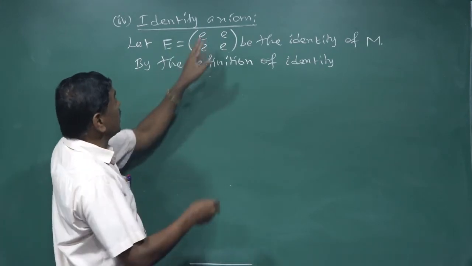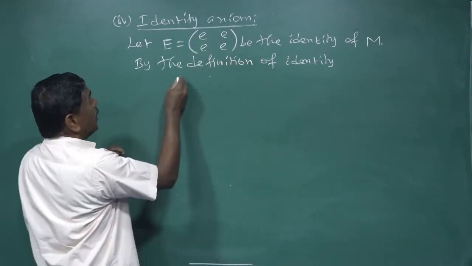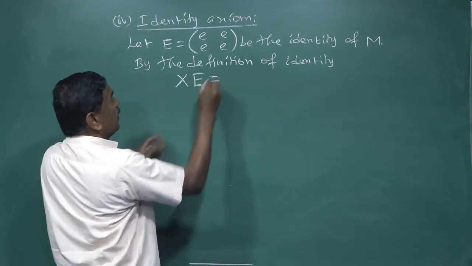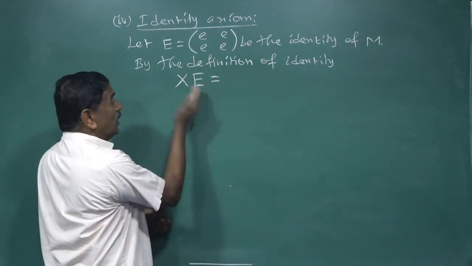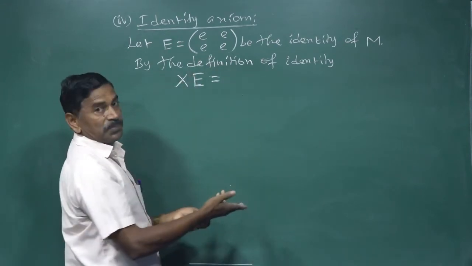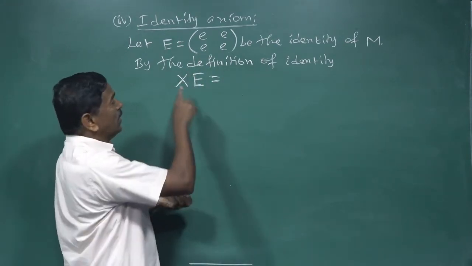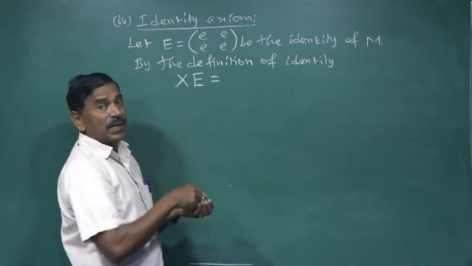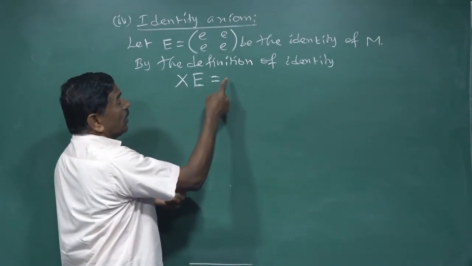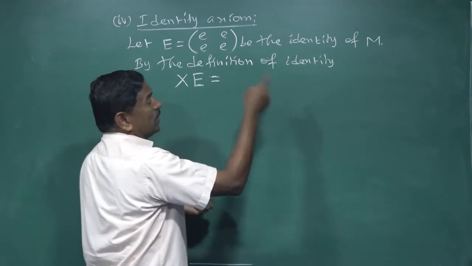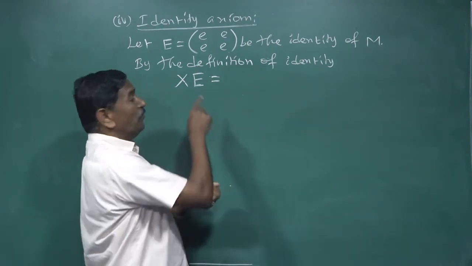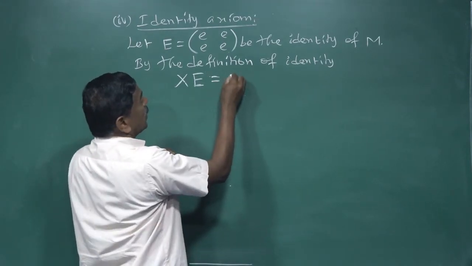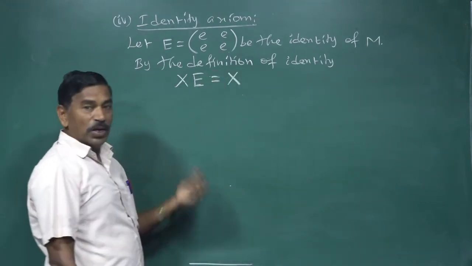So by using the definition of identity, X into E is equal to E into X is equal to X. We are considering the first and last, that is, X into E is equal to X. That's all. Now, just a substitution.